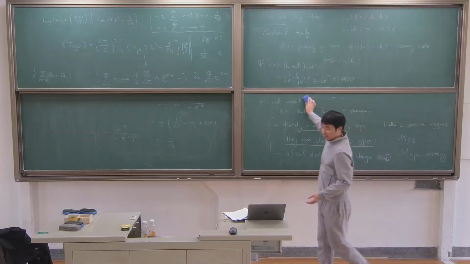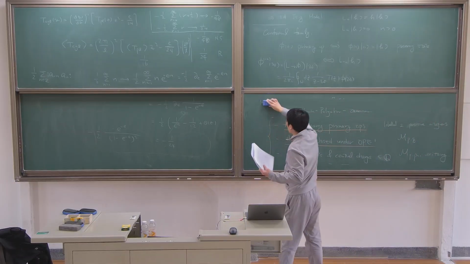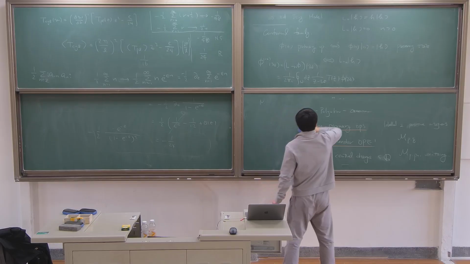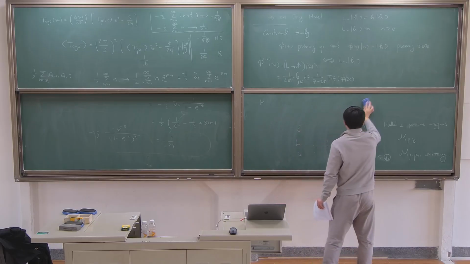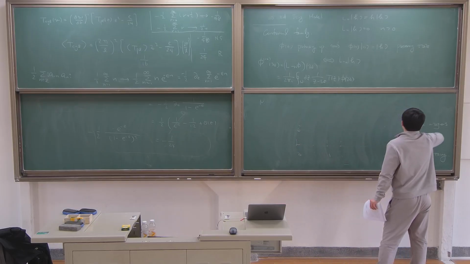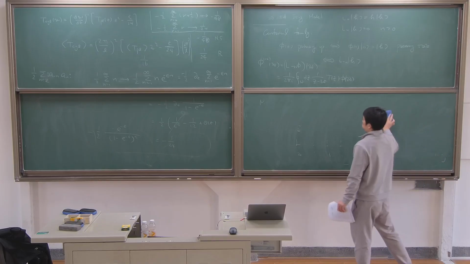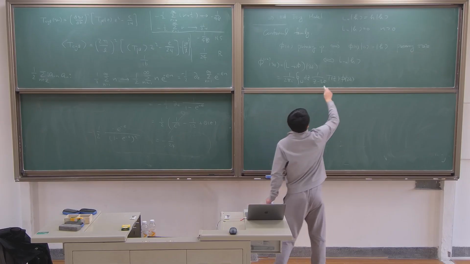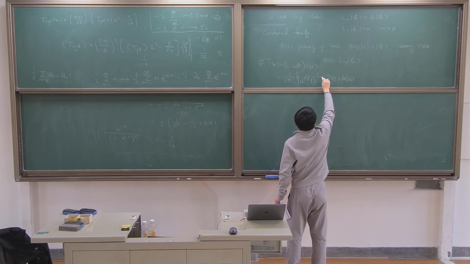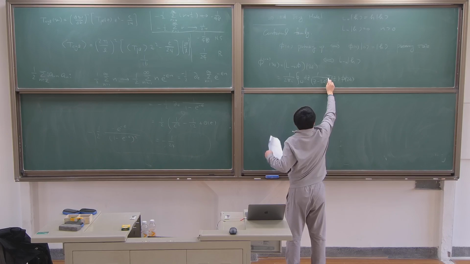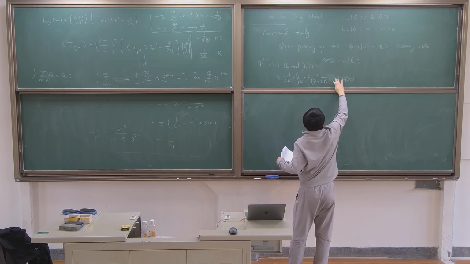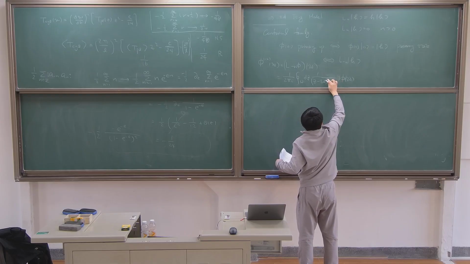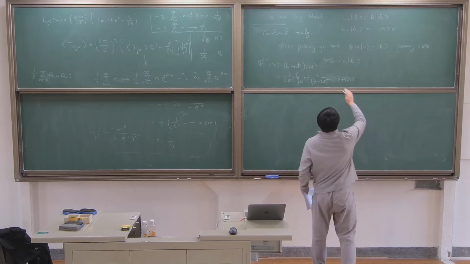Oh, sorry, I made a mistake. We need a power here: the power is n minus 1, so the integrand is z minus w to the n minus 1 times T of z.